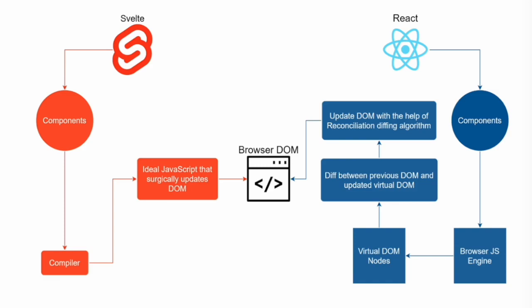Then it looks at the difference and updates the actual DOM as needed. So there is a lot more going on behind the scenes with a React application, and if you want to learn more about this, we can suggest you the next one.